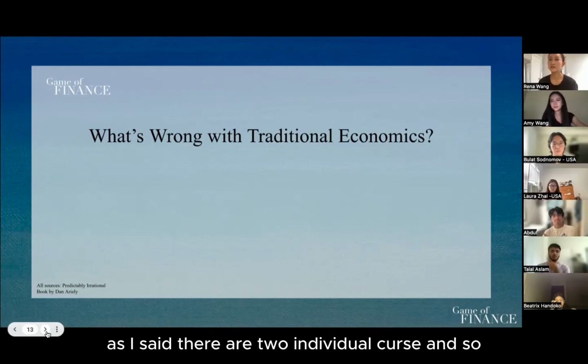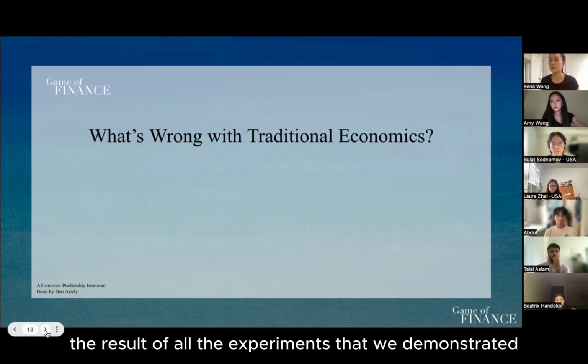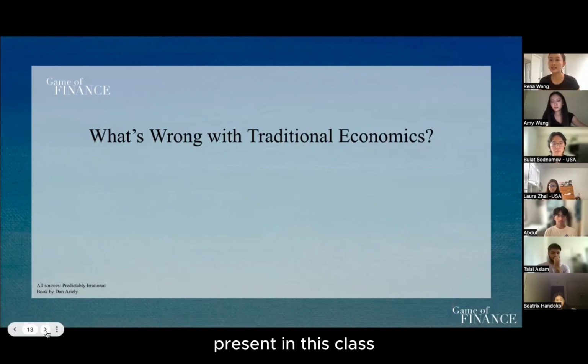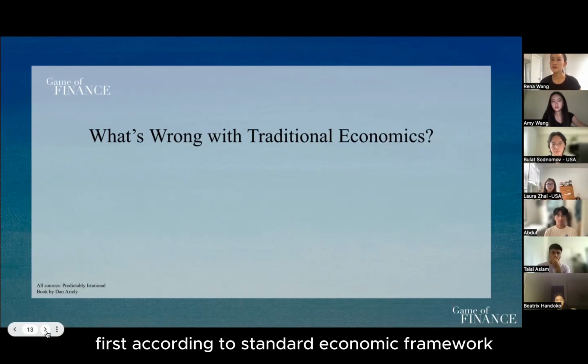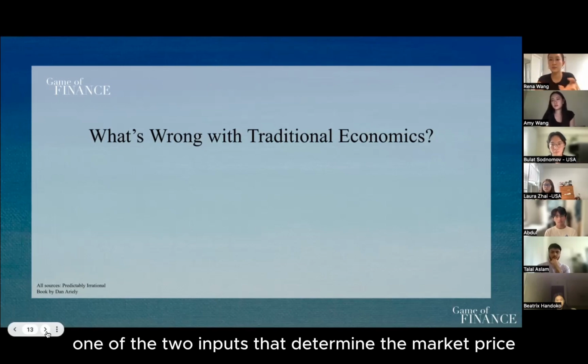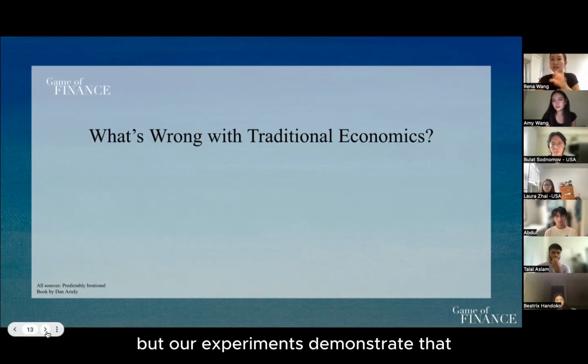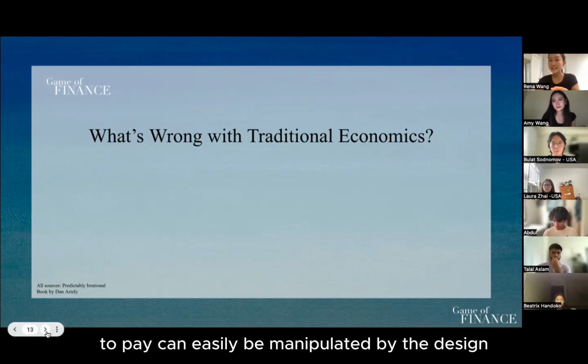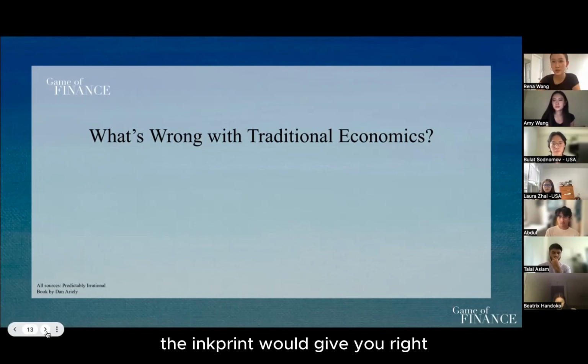And so the results of all the experiments that we presented in this class challenge these assumptions. First, according to the standard economic framework, consumers' willingness to pay is one of the two inputs that determine the market price, but our experiments demonstrate that what consumers are willing to pay can easily be manipulated by the design, the marketing, the imprint we give you, right?